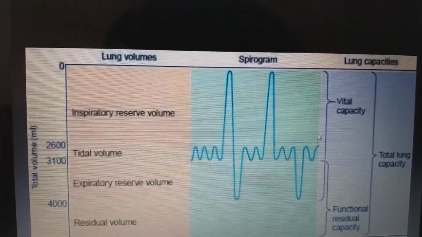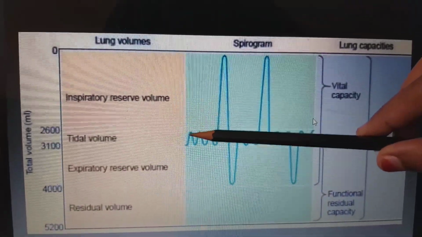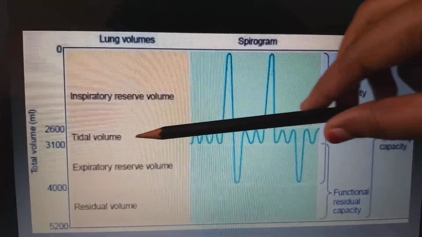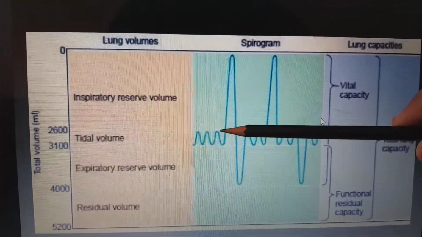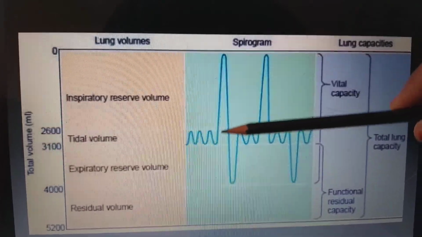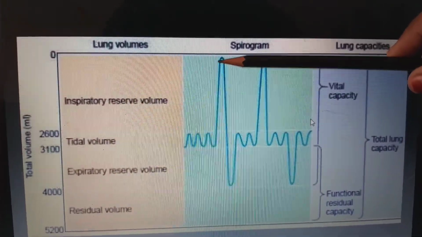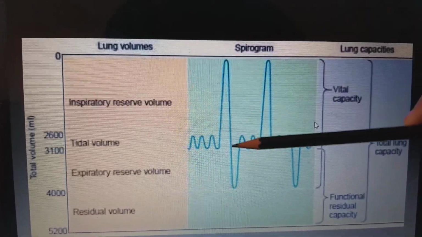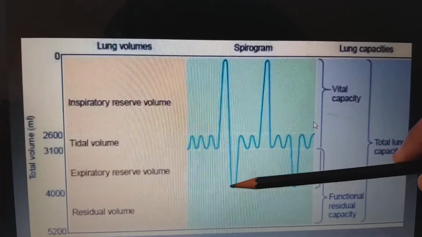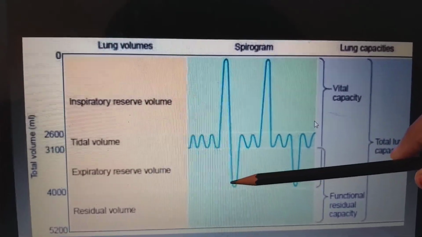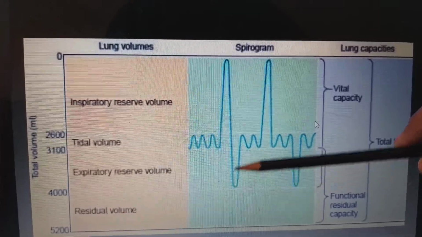So in this picture it is clear that the center, the smaller graph, represents the tidal volume, which is 500 ml. Above this, the maximum amount of air inspired tells us about the inspiratory reserve volume. This is around 3 liters or 3000 ml. And the maximum amount of air expelled after the tidal volume we call expiratory reserve volume, this is around 1200 ml.